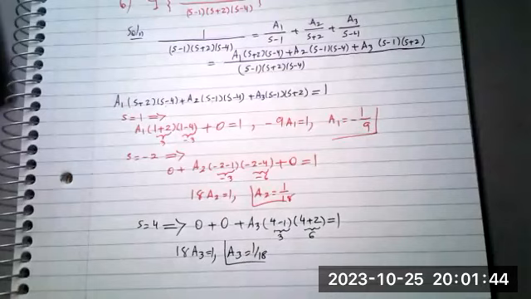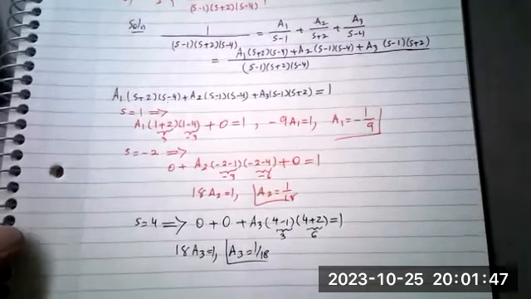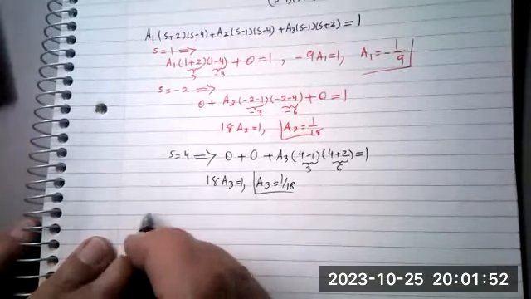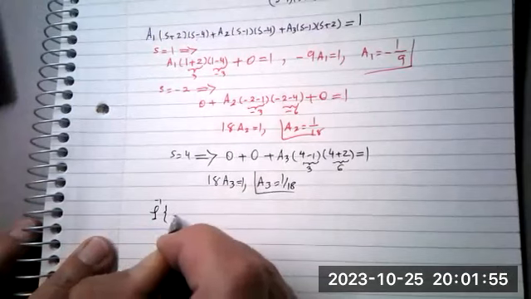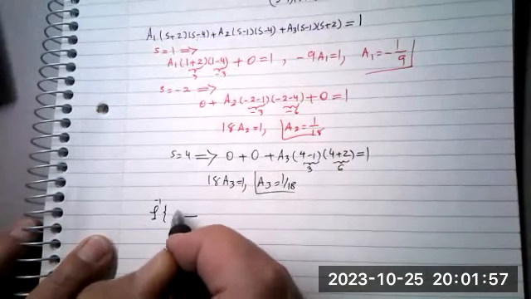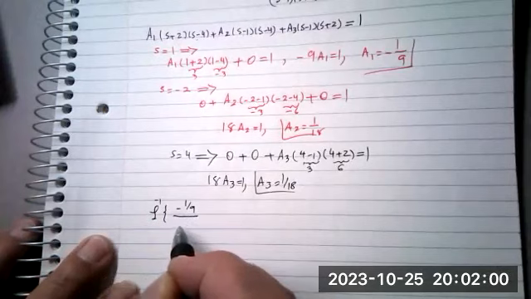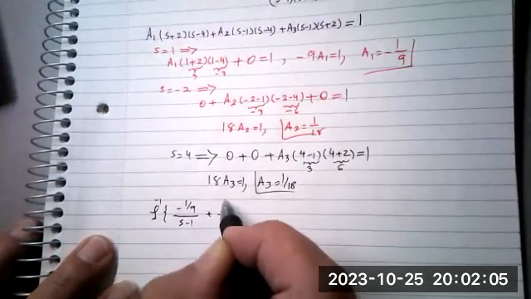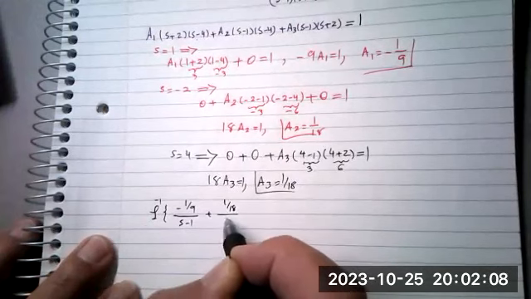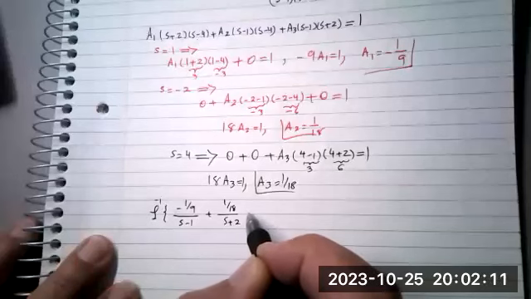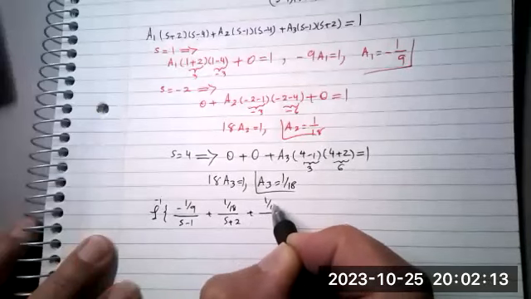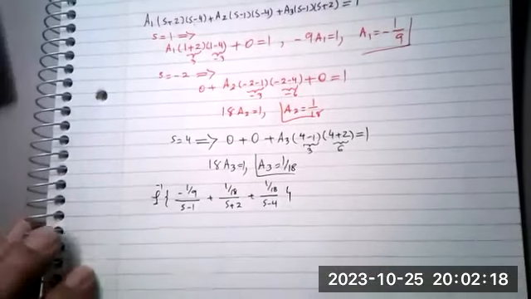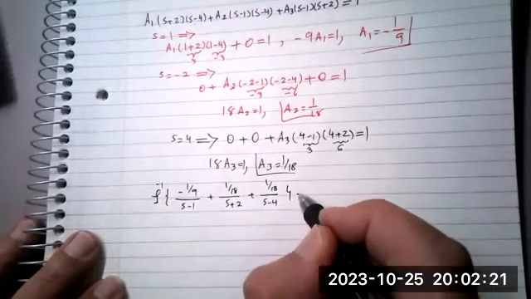Okay, now go back, substitute, and you get 3 exponential functions. So the result is going to be this: the Laplace inverse of A1, negative 1 over 9, over s minus 1; A2, 1 over 18, over s plus 2; A3, 1 over 18, over s minus 4. Break it, bring these numbers out.